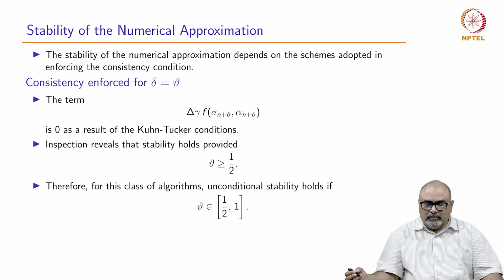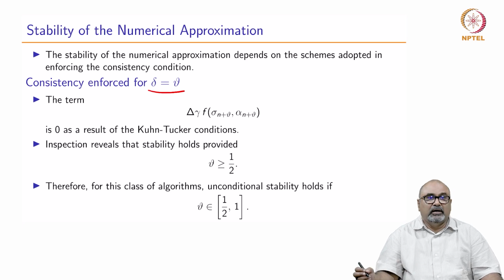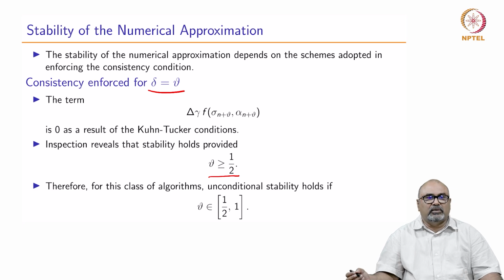So, the stability of the numerical approximation depends on the schemes adopted in enforcing the consistency condition. The consistency is enforced when delta is equal to v, and the term delta gamma f of sigma n plus v comma alpha n plus v is taken as 0 as a result of the Kuhn-Tucker conditions, and the inspection reveals that the stability holds provided v is greater than or equal to half.